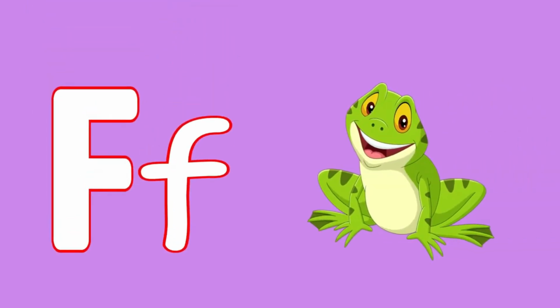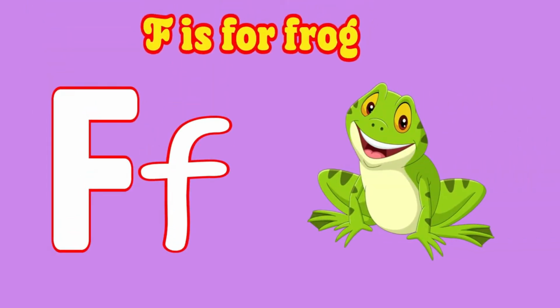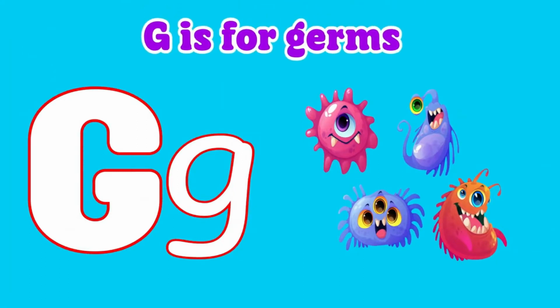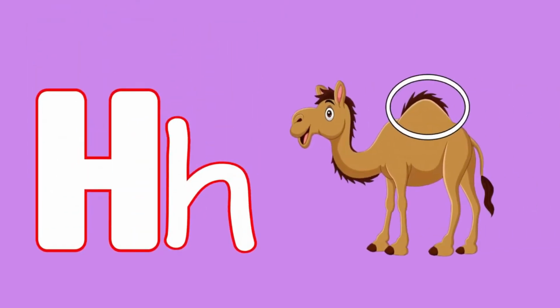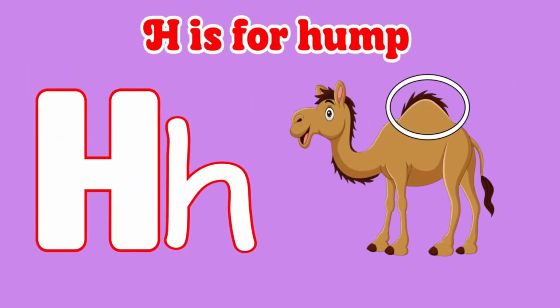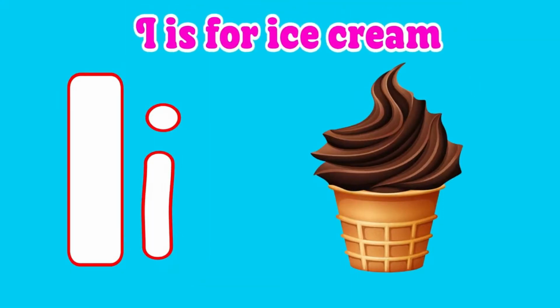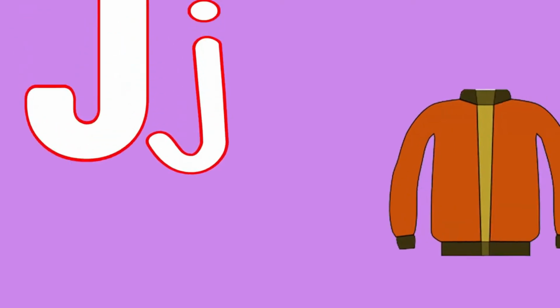F is for frog. G is for germs. H is for hump. I is for ice cream.